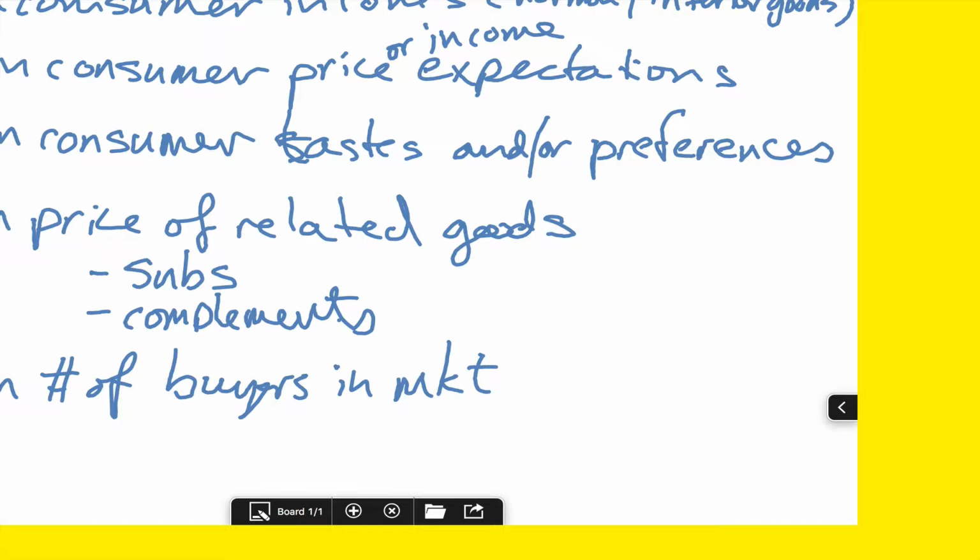The first one is like if the consumer's income goes up, they usually buy more fancy stuff. Nope. The big difference is that this one is about consumer expectations, what they're thinking is going to happen in the future and how that alters their behavior now, versus the first one, which is about changes that are already in place.